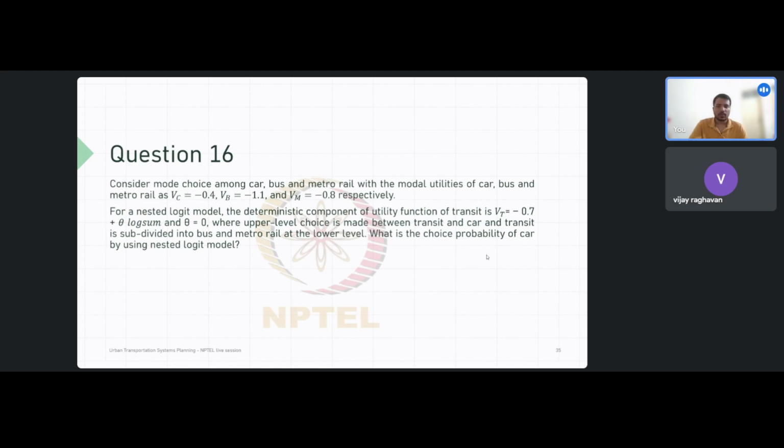What is the choice probability of car by using the nested logit model? We are given 0.44, 0.46, 0.55 and 0.57. You can try this. We have been given the utilities directly.